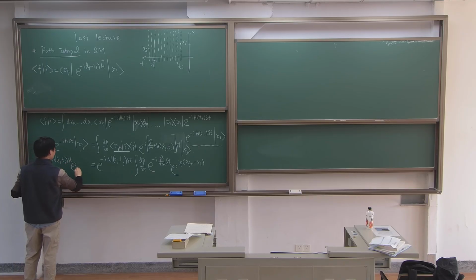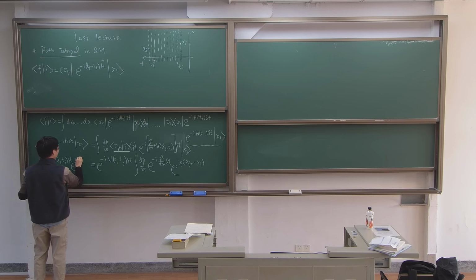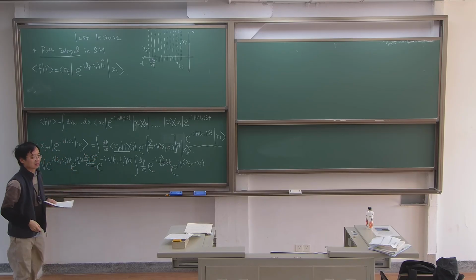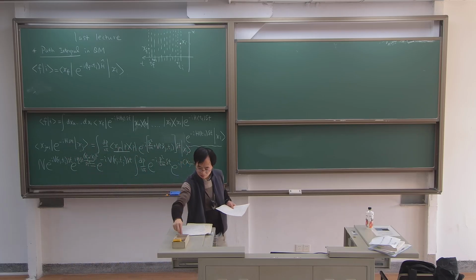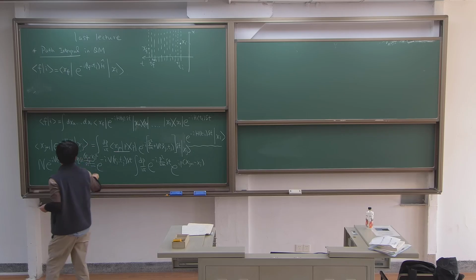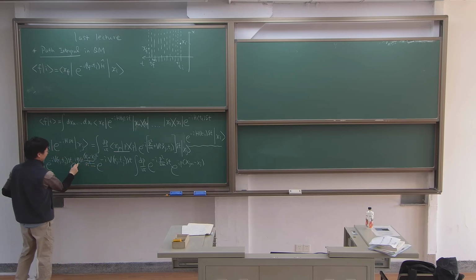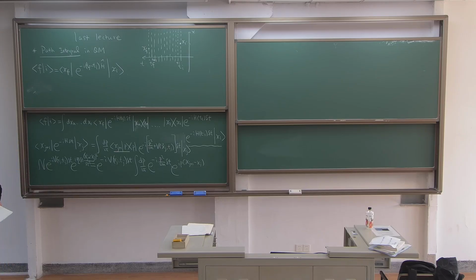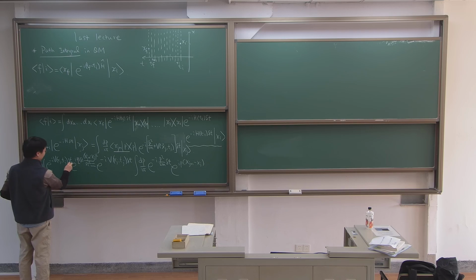with e to the i m over 2 delta t squared times (x_{j+1} minus x_j) squared. Now this part, you realize that this is nothing but mv squared over 2 minus potential, which is the Lagrangian, and there's a common delta t.